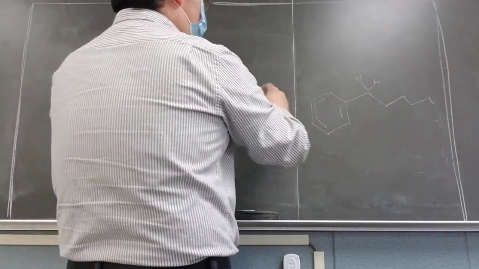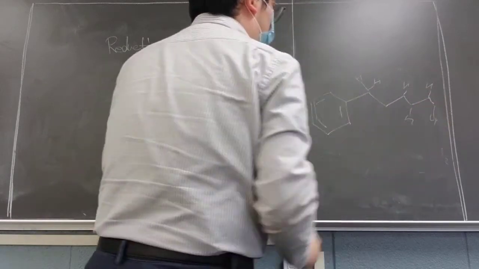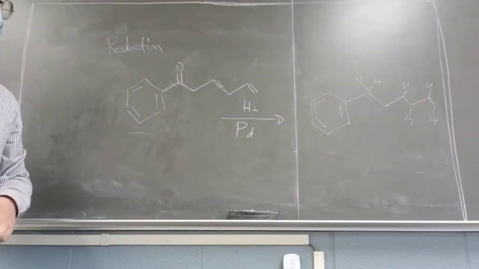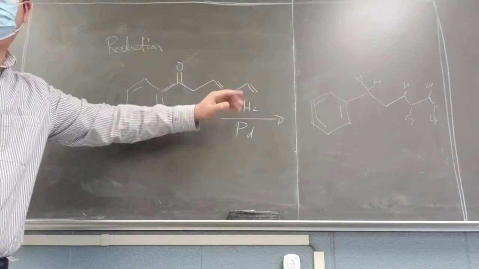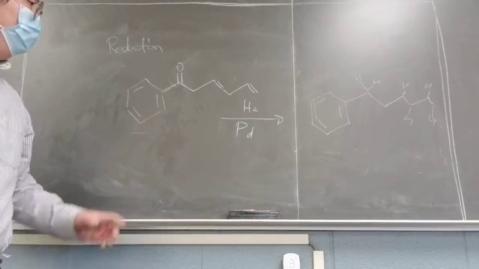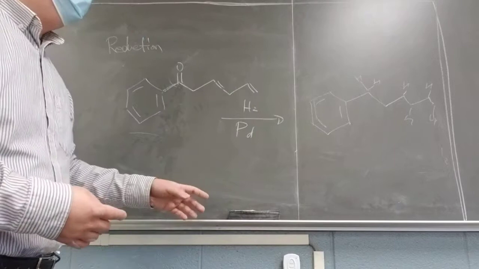And also these two will be reduced. That's the answer. But if the carbonyl group is here, it will not be reduced, just the double bond on the alkyl side. Still not on the benzene. Benzene will stay the same because it's very stable. Makes sense, right?